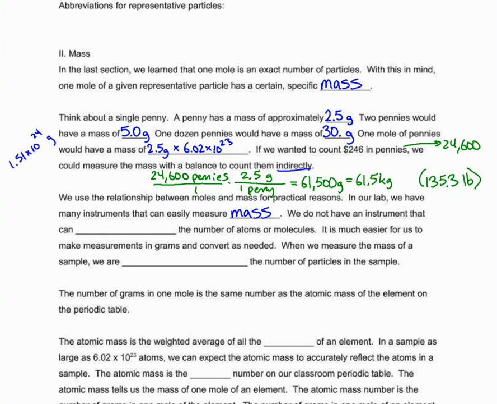But what I don't have is an instrument that can directly count the number of atoms or molecules. We can't do it. They're too small for me to look at them and count them out. If I wanted to count out $1 in pennies, I could physically count 100 pennies. We can't do that with atoms or molecules because they're just too small.